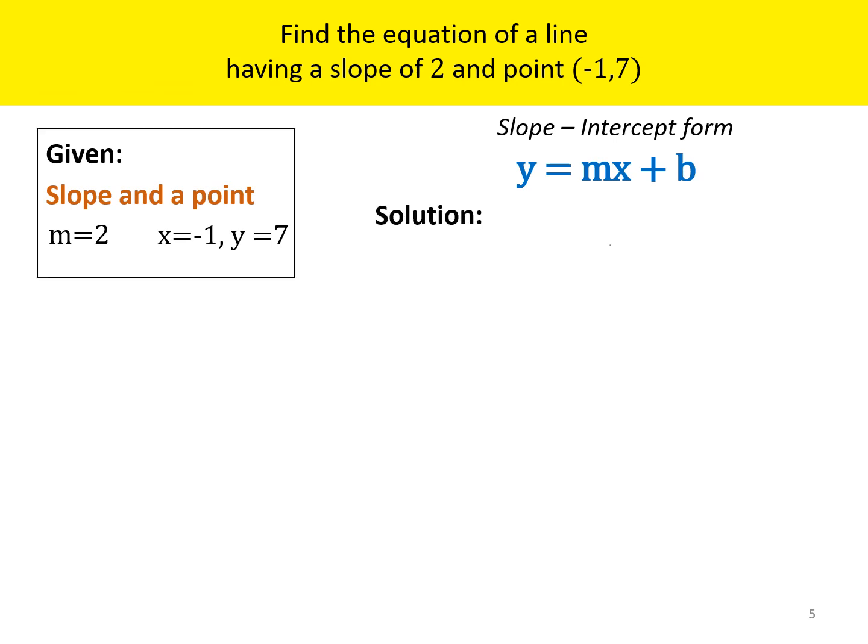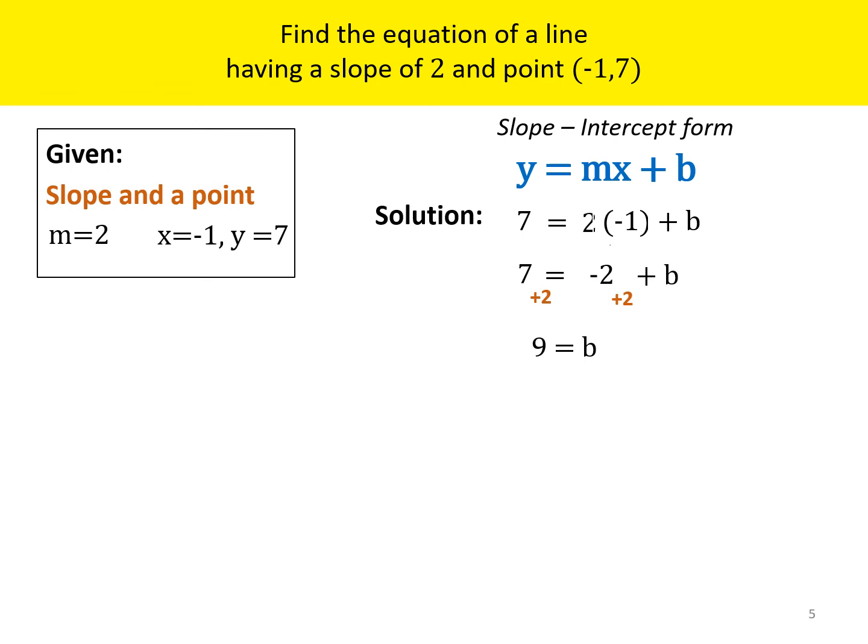Our solution: y is 7, m for the slope is 2, x is equal to -1, and we're solving for b. So we have 7 is equal to -2 plus b. In order to get b alone, we add 2 to both sides, and we get 9 is equal to b. Now that is the y-intercept.